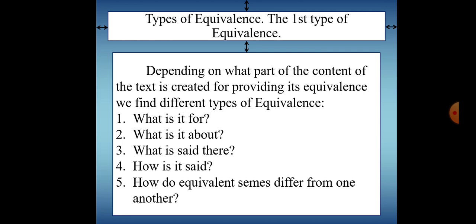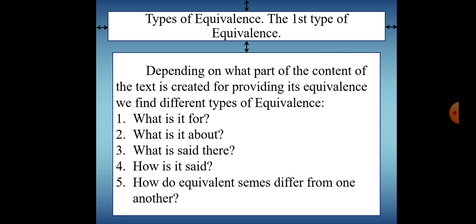Translation equivalence can be based on gaining or losing some elements of meaning contained in the source language text. Depending on what part of the content of the text is created for providing its equivalence, we find different types of equivalence.